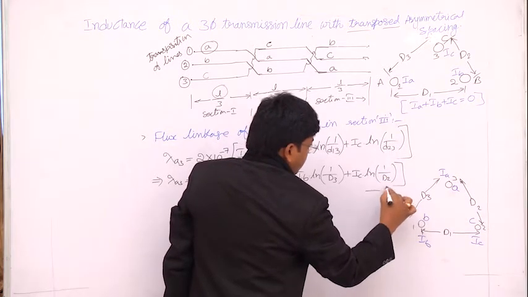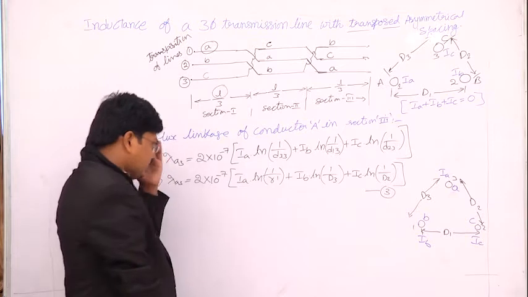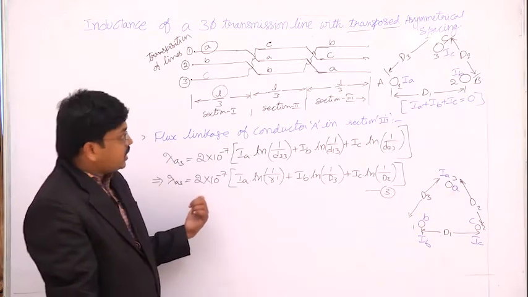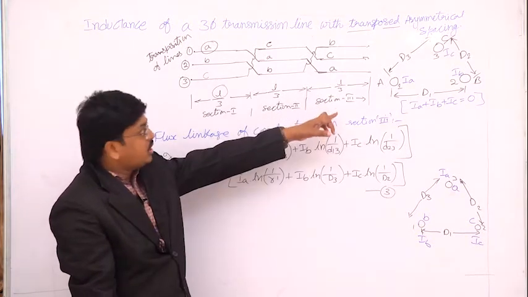That will be taken as equation 3. So this is the flux linkage of conductor A with respect to section 3.